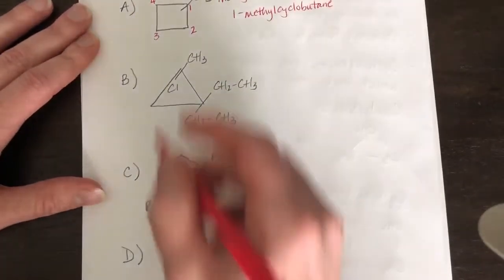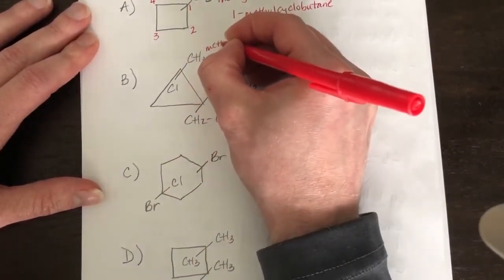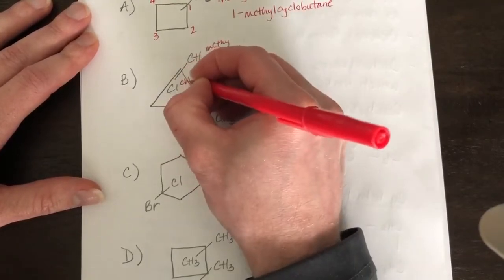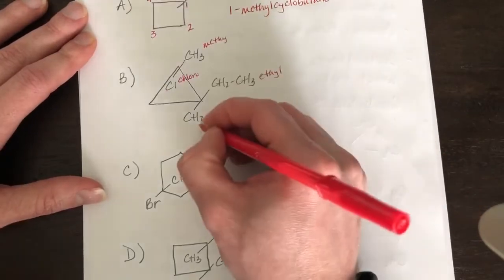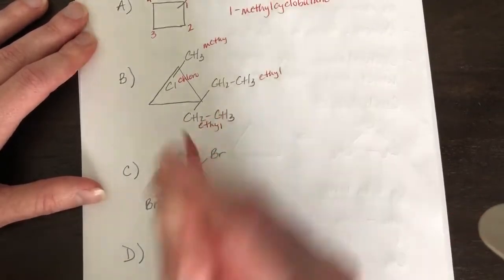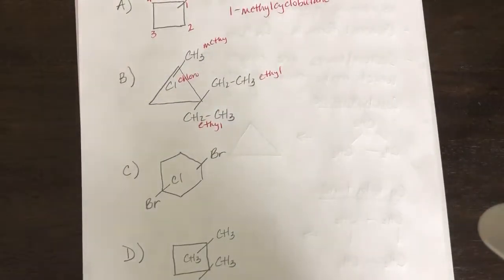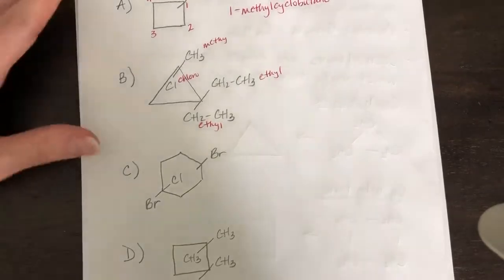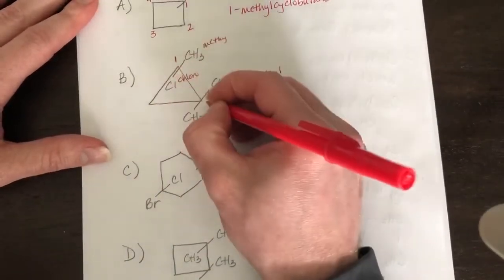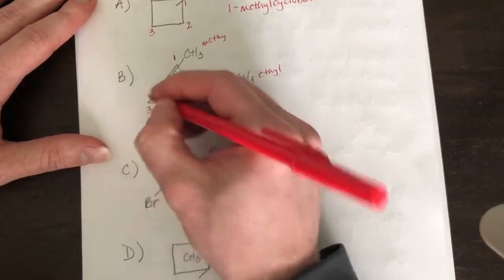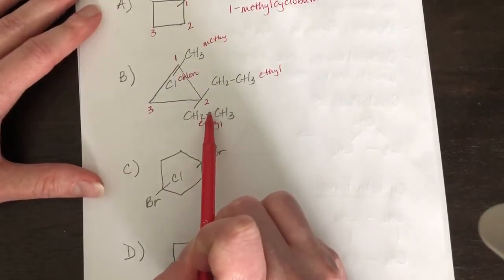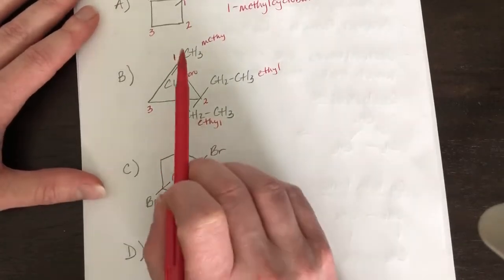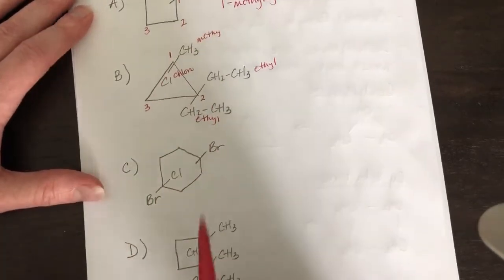Next example. We got a methyl, we got a chloro, we got an ethyl, and we got another ethyl. Going in alphabetical order, chloro is going to come before any of those. So this is going to be the 1 carbon, this is going to be the 2 carbon, and this is going to be the 3 carbon. If you go 1, 2, 3, those aren't going to be the lowest numbers possible. The lowest numbers possible are going to be 1, 2, going this direction.